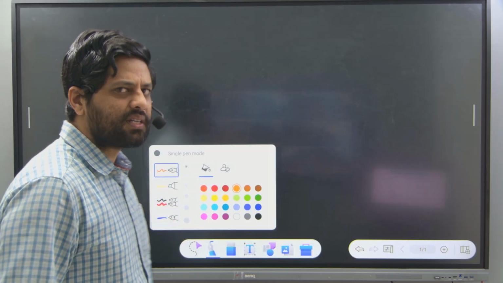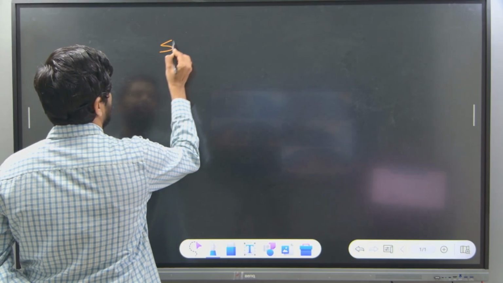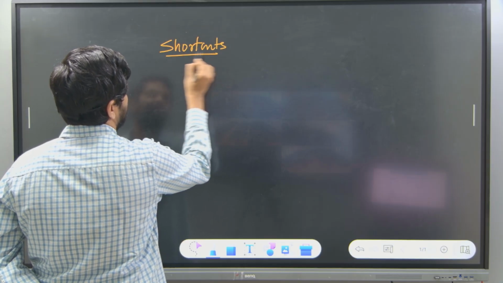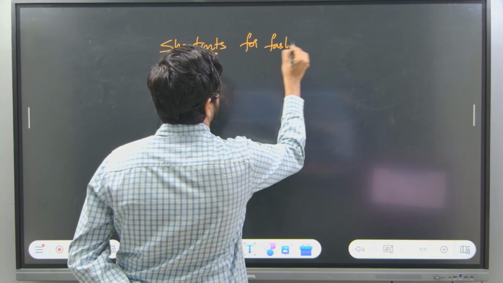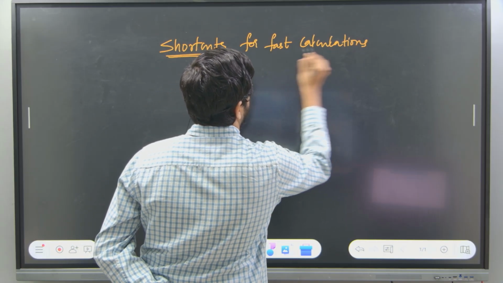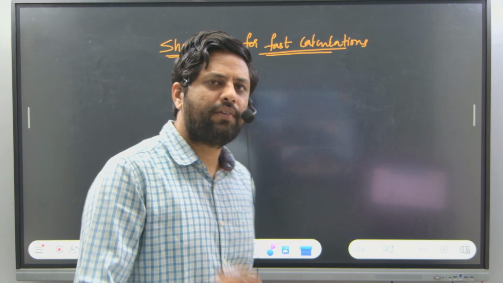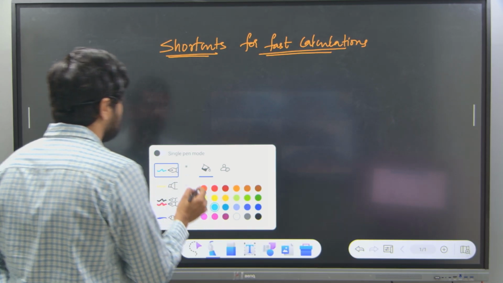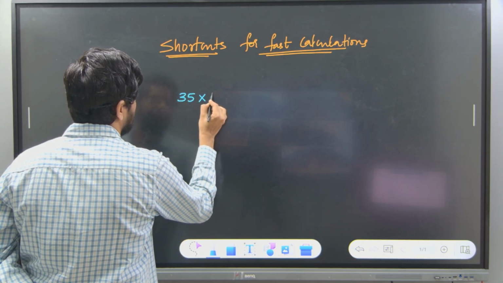Now, as I told you, we are just trying to understand some shortcuts for fast calculation, just with numbers basically. Especially when you're dealing with numbers like, say, 35 into 45.